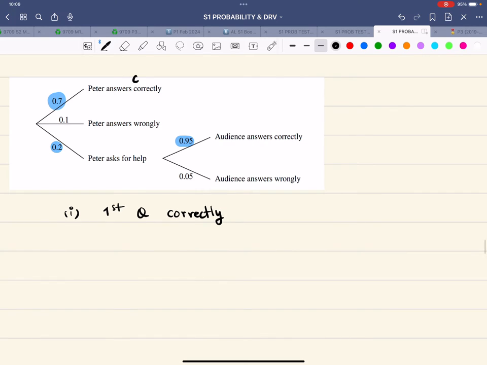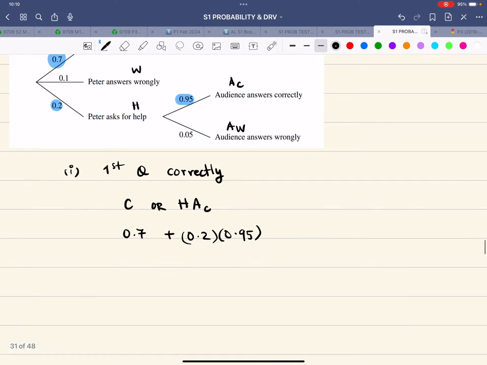So this is C for correct and W for wrong, H for help, and this is audience answers correctly, audience answers wrongly. So he can answer by himself, or he asks for help and the audience answers correctly. So this is 0.7, or means add, help is 0.2, use brackets and then multiply it with 0.95, and the answer comes out to be 0.89.